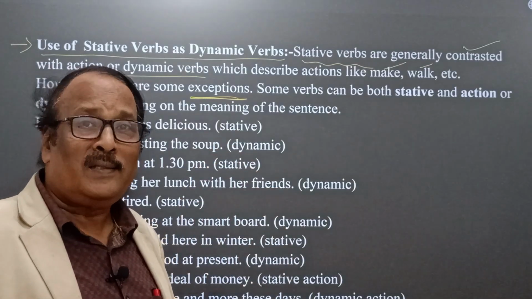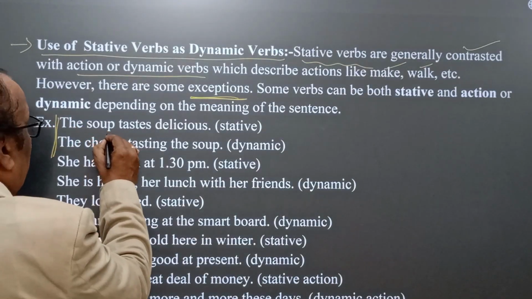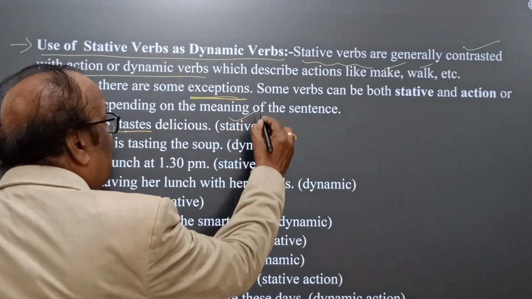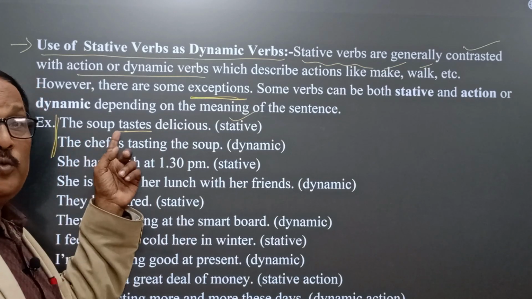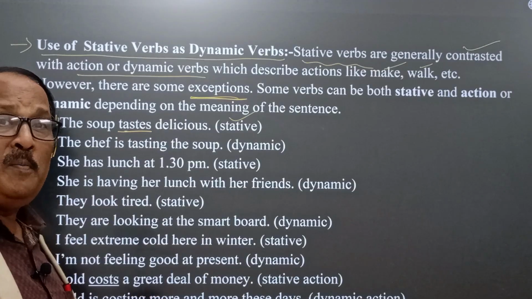How? Let's see. Here we find some examples. The soup tastes delicious. Here tastes indicates stative action. That's why we cannot say the soup is tasting delicious. It has been used in simple present.